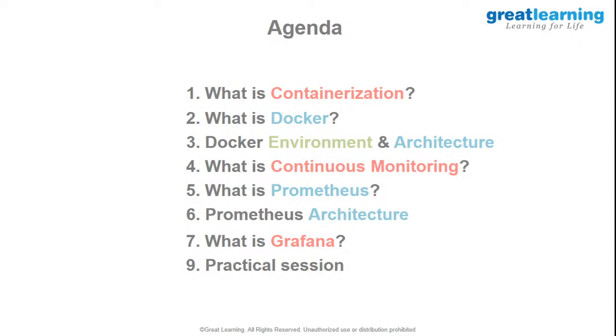In this session, we will be launching our Docker services, and then we'll try to monitor them using tools such as Grafana and Prometheus. To understand all of this, I've put up a lot of different topics, especially for someone who's new. I'm going to cover these topics in brief, like containerization, Docker's environment, and continuous monitoring.